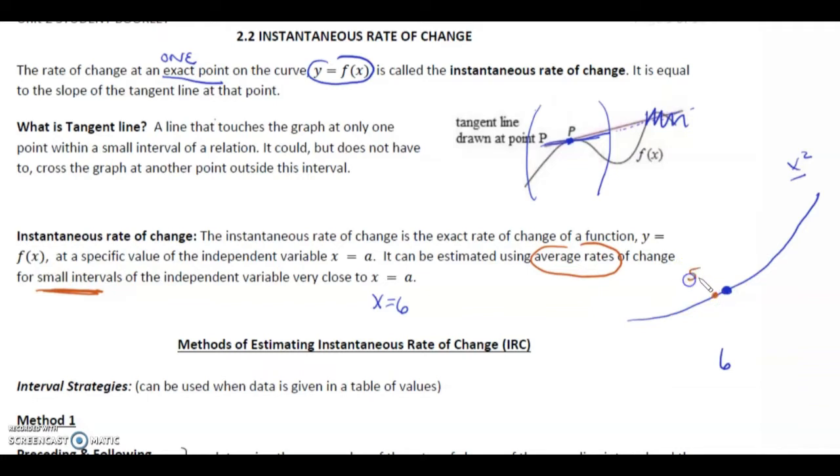That's where we get the 5.999 and the 6.001. So instead of using the tangent, we are going to use the secant from 5.999 to 6. There is a line there. It may be so microscopic that you can't see it, but if you zoomed in enough, it's going to be there. And we're going to find the average rate of change between 6 and 6.001.